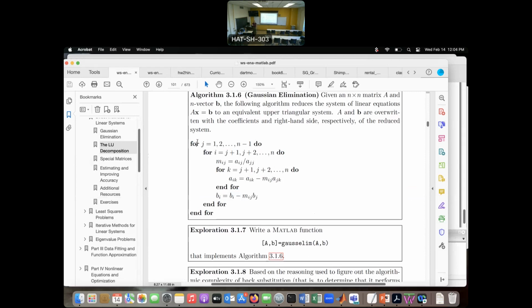But the way this algorithm works, you have these multipliers in Mij, and this isn't really storing them anywhere. If you translate this literally to MATLAB, maybe it's storing it in some matrix M that is then not used. What happens is, as you're going through Gauss elimination, for i greater than j, once you carry out that row operation, nothing really happens with those entries in the lower triangle.